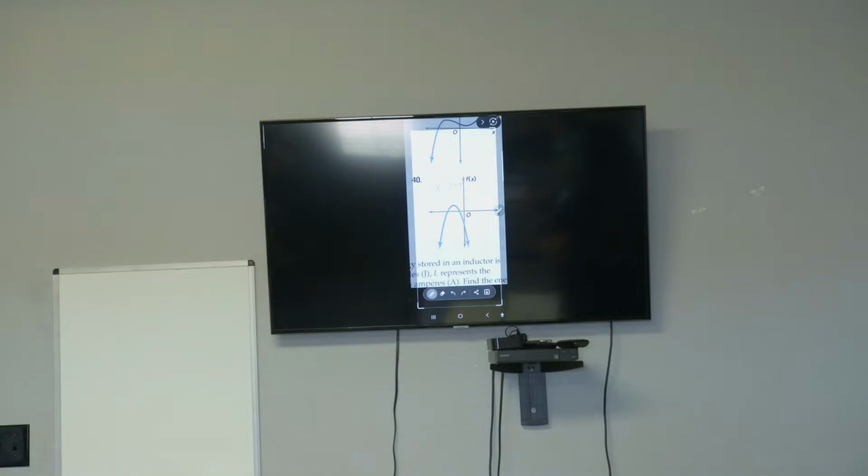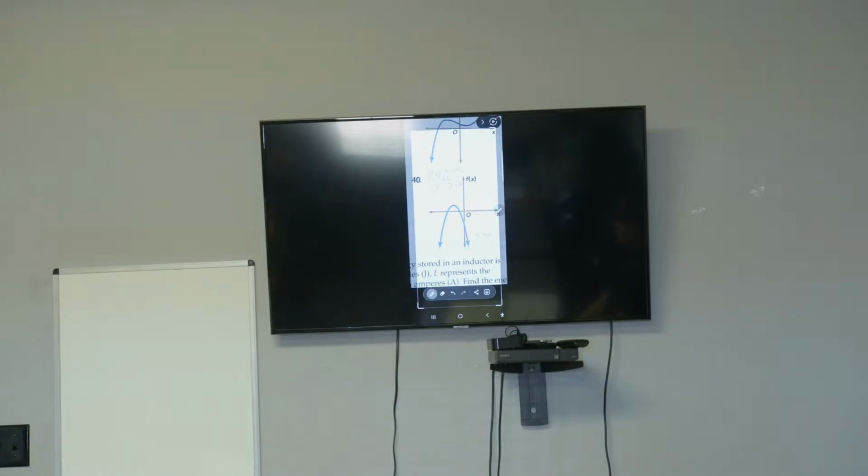Down. So f of x, the function, approaches negative infinity as x approaches negative infinity. What about the other way? As x approaches positive infinity, what does f of x approach?